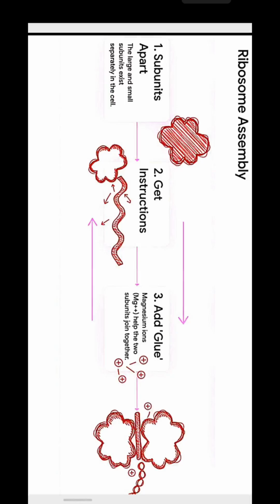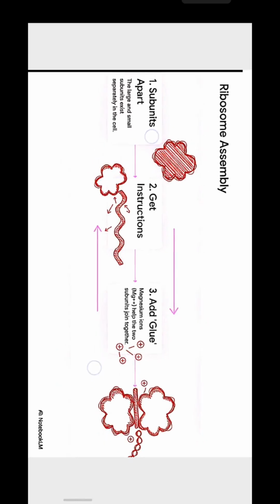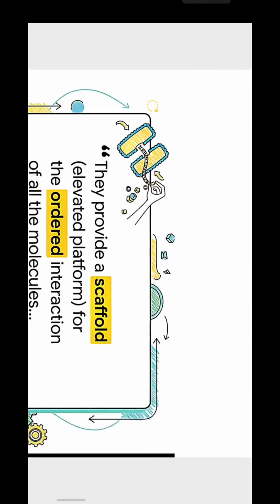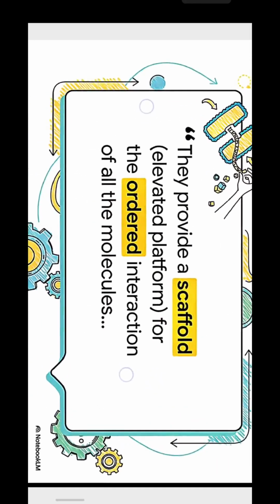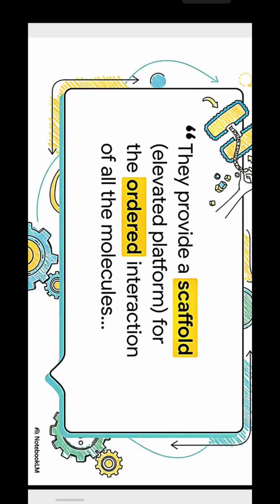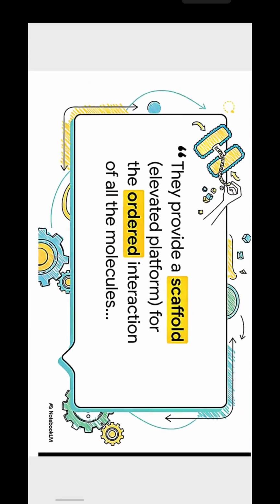So when the messenger RNA comes in, it binds with the smaller subunit, and with the help of magnesium ions, when the concentration of magnesium ion increases, the binding of the two subunits of the ribosome takes place to form a protein synthesis complex. This complex plays an important role in the cell. Actually, the ribosome provides the scaffold for the ordered interaction of all the molecules involved in protein synthesis.